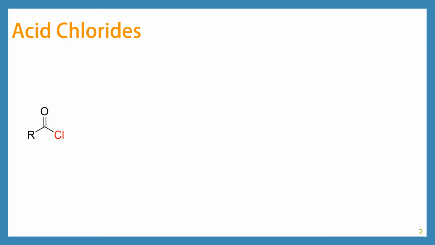So let's start with our most reactive carboxylic acid derivative. We can take an acid chloride and turn it into any other carboxylic acid derivative in one step. So for example, if we take our acid chloride and react it with a carboxylate, or even with a carboxylic acid, we can create an acid anhydride.